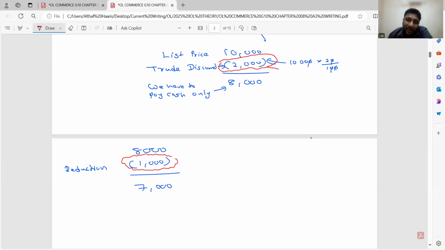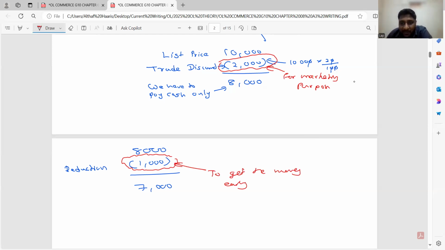So this discount was given for marketing purpose. This reduction is giving, why? To get the money early.